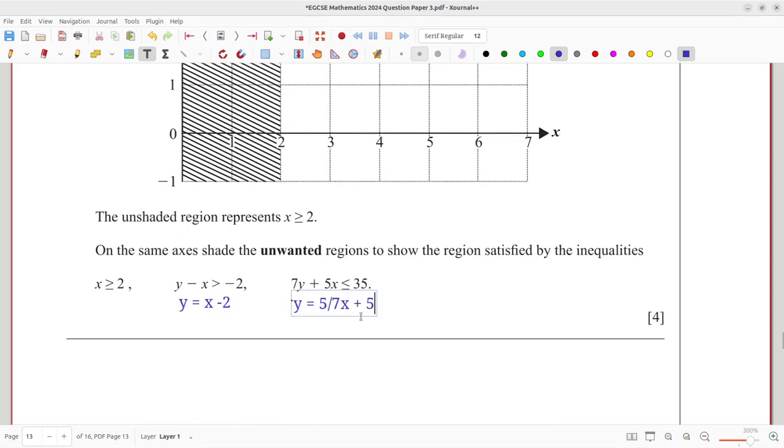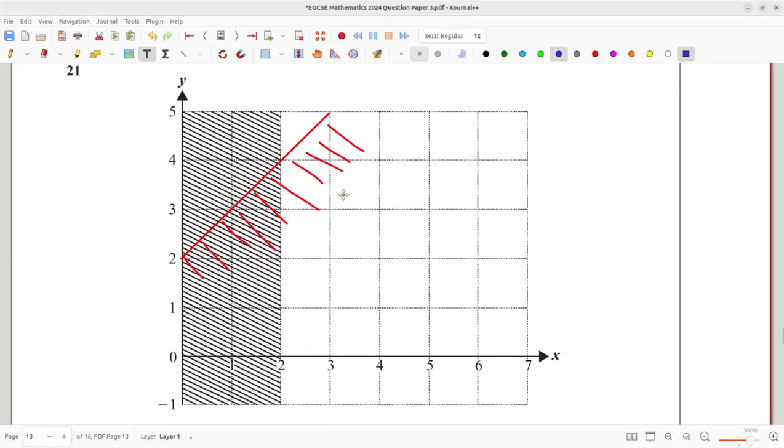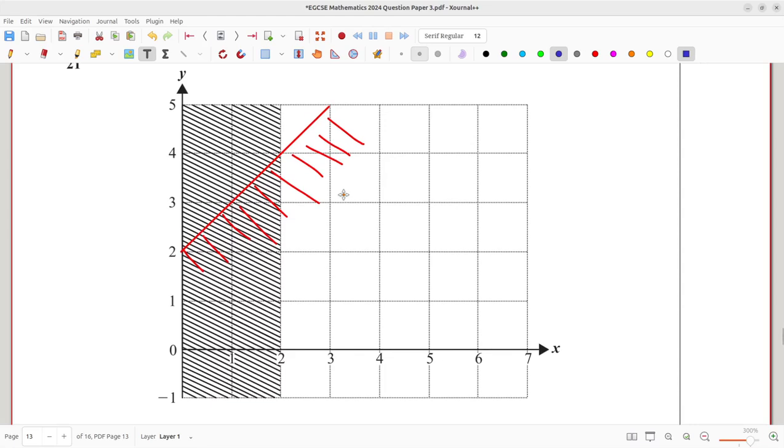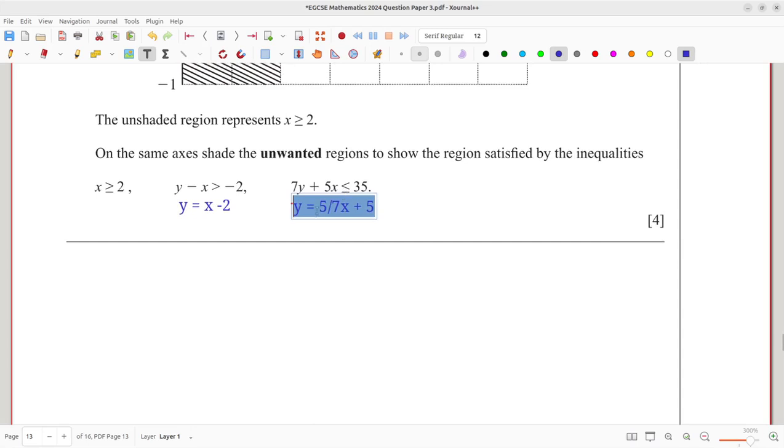So how does this one look like? Probably that's negative.